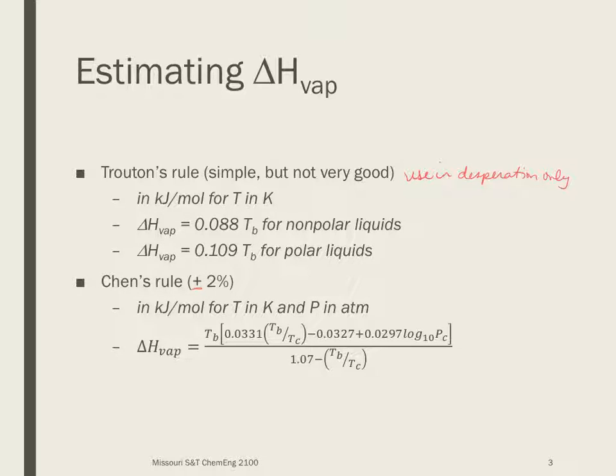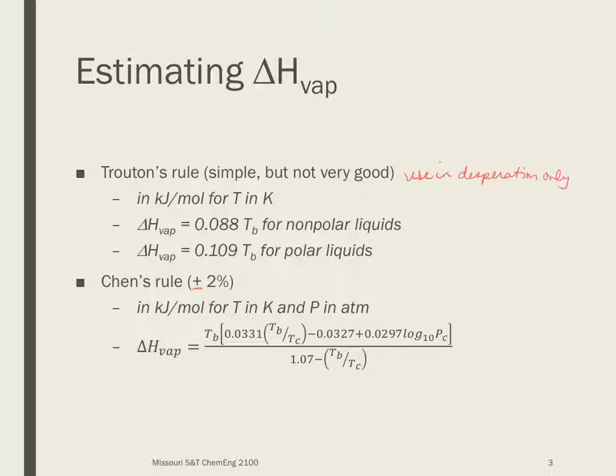So you're going to take the boiling temperature divided by the critical temperature and multiply that times 0.0331, and then subtract 0.0327 from that, and then add 0.0297 times the log base 10 of the critical pressure. All of that is going to be multiplied by the boiling point, and then all of that will be divided by the quantity 1.07 minus the boiling temperature divided by the critical temperature.